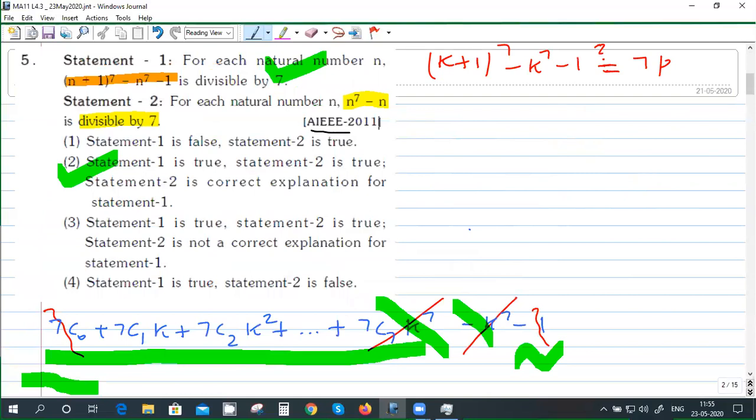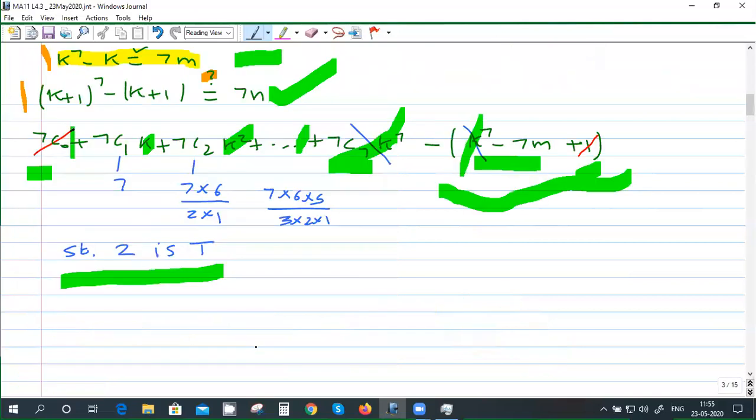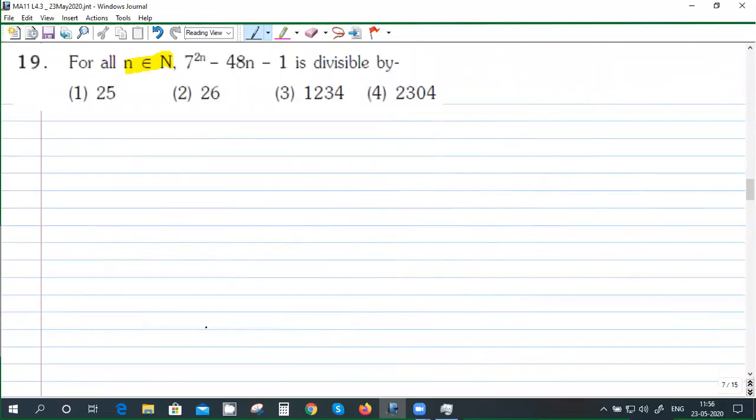This also mains. Statement 2 might be easier to check. This was Allen sheet. So for all n, not a good question, but still we can do it. N equal to 1, 7 square.